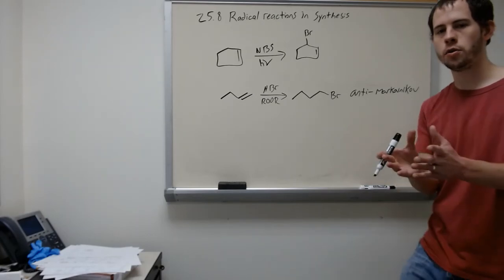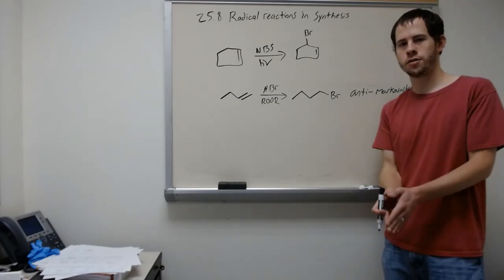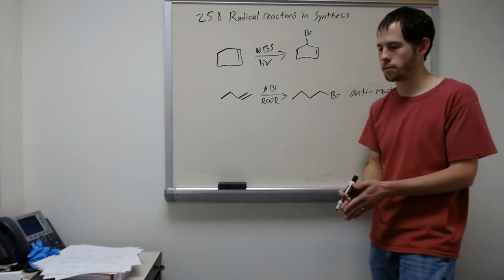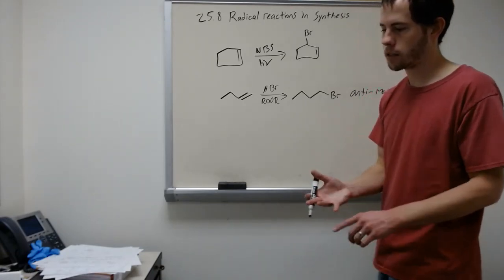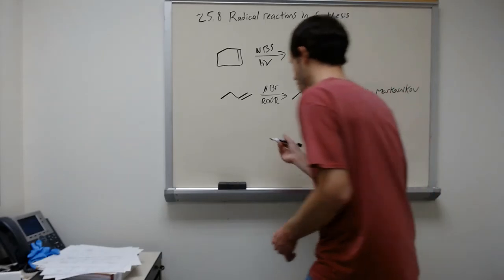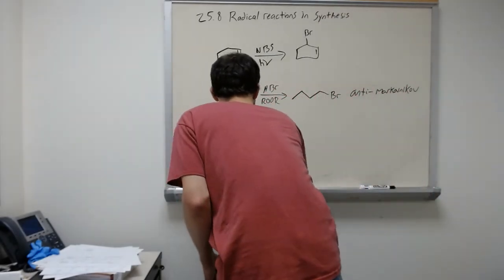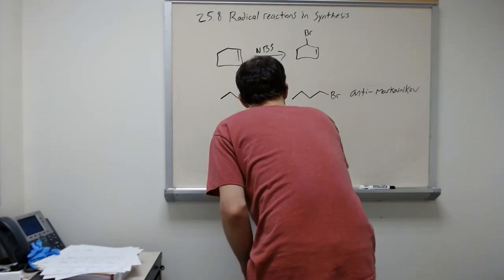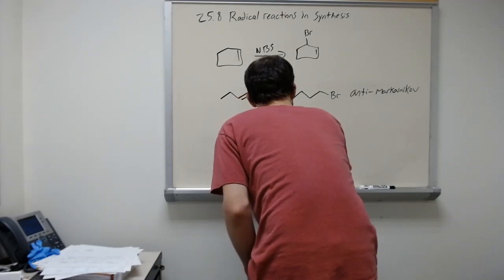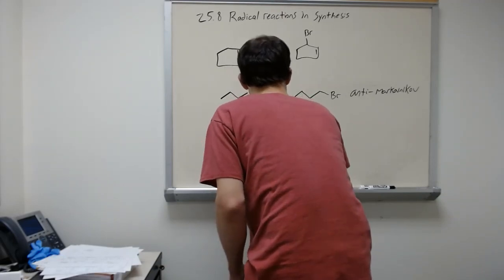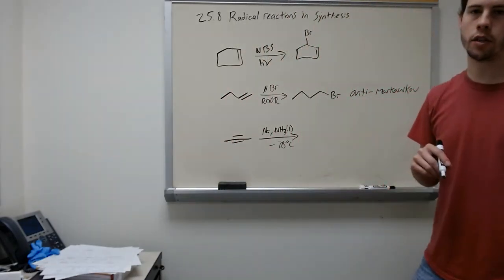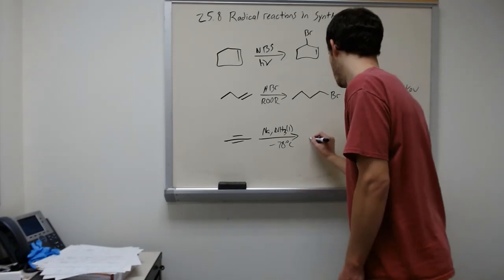And so we can use HBr by itself to get bromine on the more substituted carbon, HBr and peroxides to get it on the less substituted carbon. Lastly, the other thing that we've learned is we can take alkynes and do a dissolving metal reduction in order to get the trans alkene.